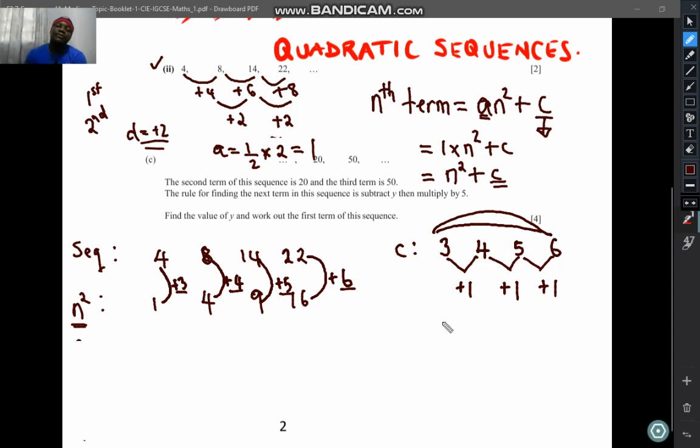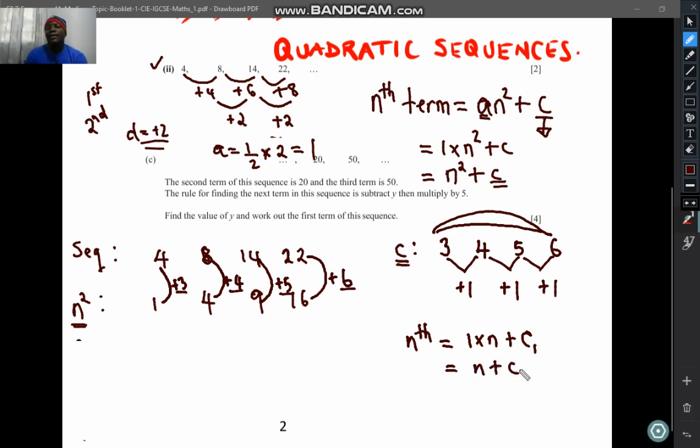So if you've been following me nicely, the nth term of a linear sequence, we said it's going to be the difference, which is 1 in this case, times the position, plus some constant C1, because I'm trying to differentiate this C from the C that we are trying to find there. So 1 times n gives you n plus C1.